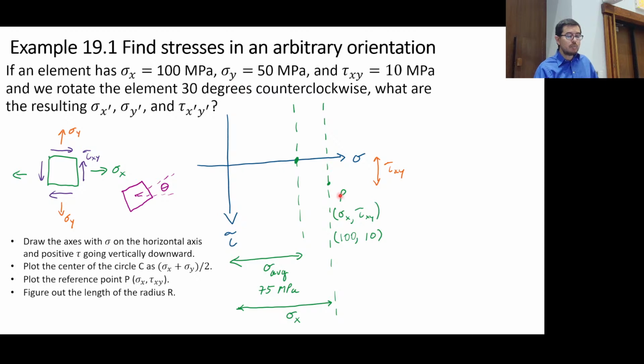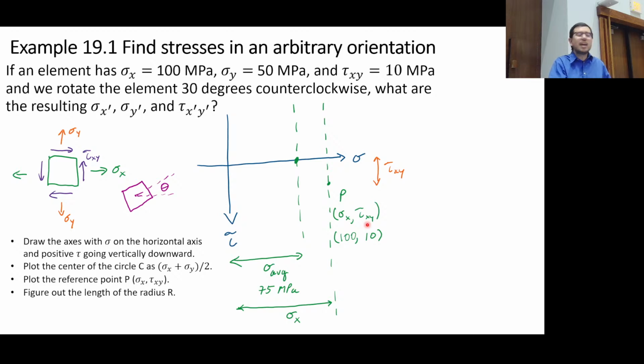And you know that the point you're plotting is sigma x comma tau xy. You can do everything else. And that's part of the beauty of Mohr's circle, that it's a graphical depiction of these somewhat messy equations for transformation, and also even somewhat messier slicing and dicing and doing equilibrium.